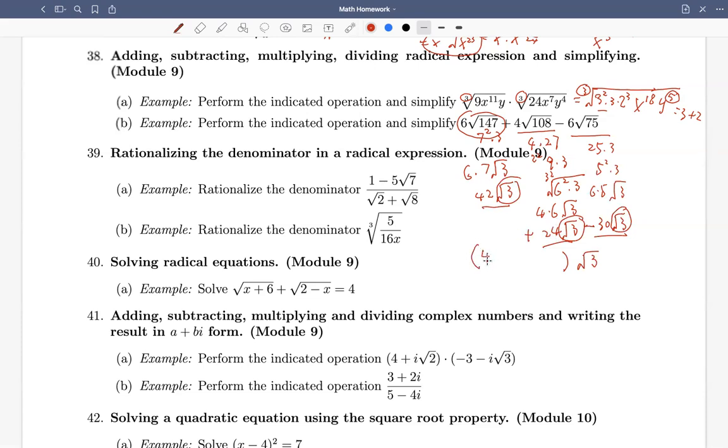So now I have 42 plus 24 minus 30, all times radical 3. Well, 24 minus 30 is negative 6. 42 minus 6, that's 36. So the answer is 36 radical 3.